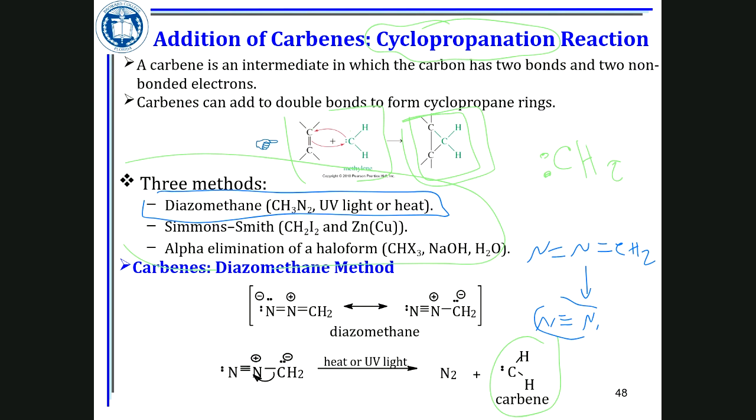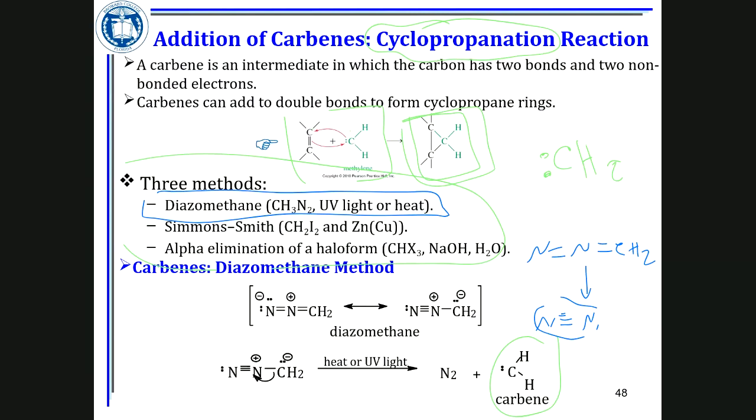It generates lots of heat when they want to do demolition or build roads in the middle of a mountain. They can use this to make their job easier. So this is highly exothermic, which means this reaction can take place spontaneously.